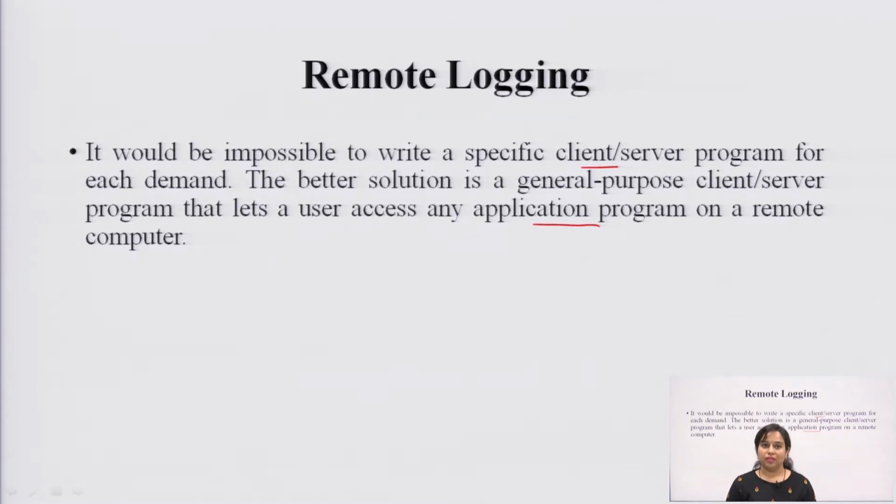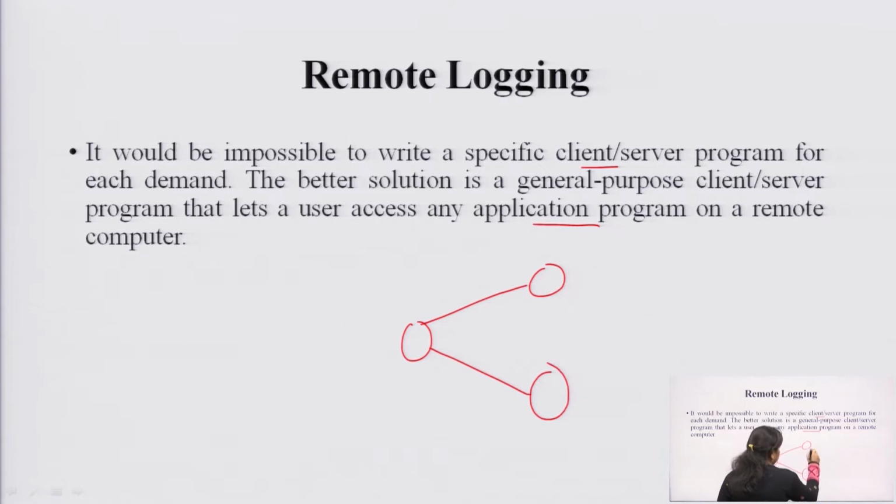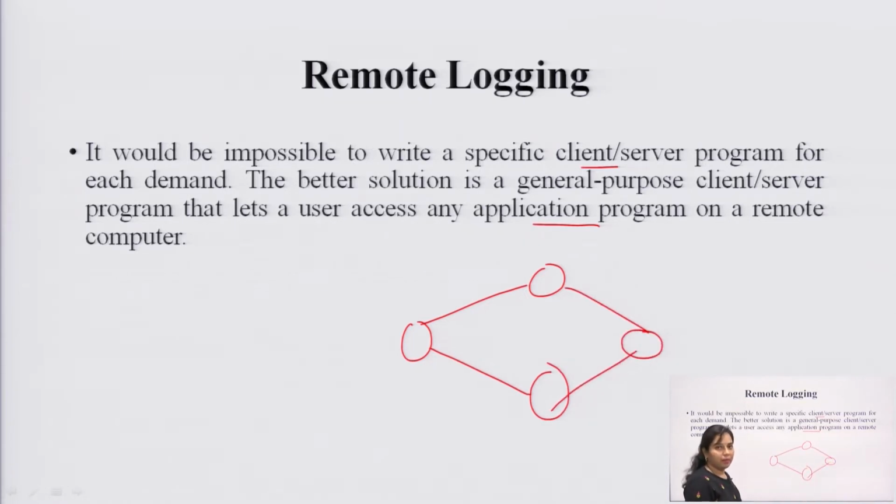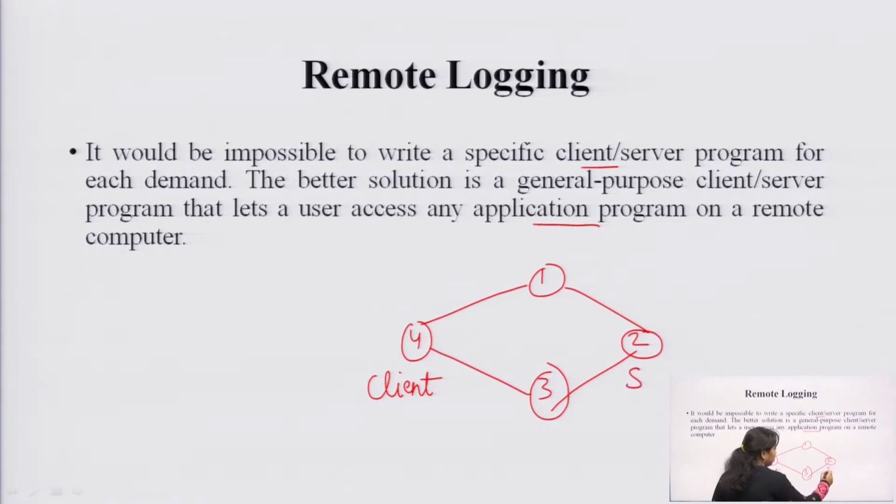The client and server are the transmitter and the receiver. Let us say this is a network which has n number of nodes, and here I am taking an example of 4 nodes connected in this network. This one is the first node, this is the second node, this is the third node, this is the fourth node. One of these nodes will act as a client and another will act as a server.